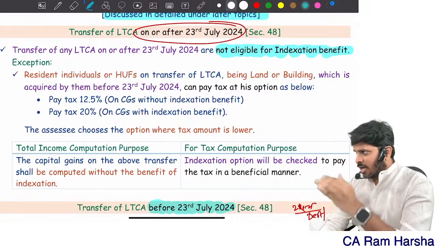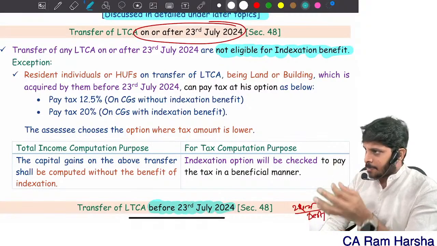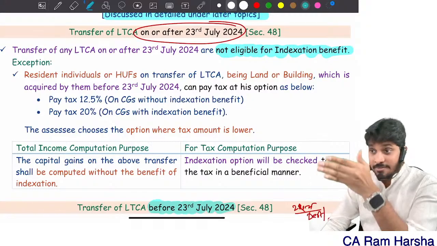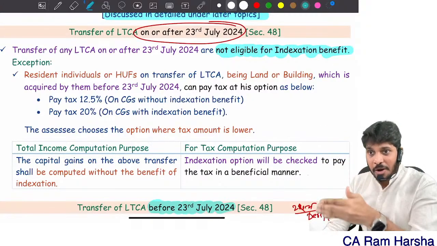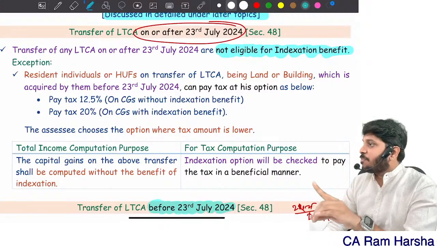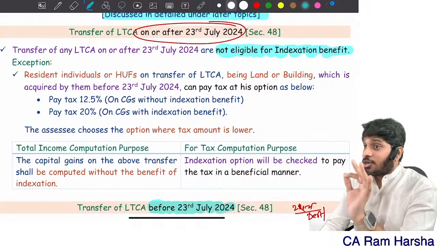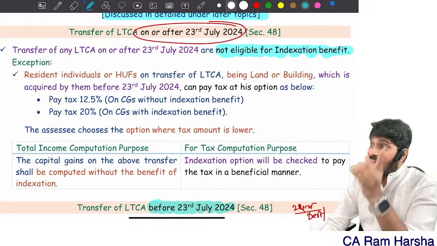Or, on or after 23rd July, what is the long-term capital gain tax rate? 12.5%. Compute capital gain without indexation, which is what we did already. In the main problem solving, we always do without indexation. On that, apply 12.5% and see the tax. Whichever is lower tax, that option you will decide and pay tax accordingly.